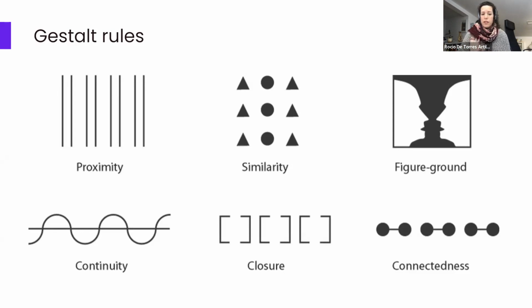Figure ground, the tendency of the visual system to simplify a scene into the main object that we are looking at, the figure and the background. And uniform connectedness, when we connect groups of the same elements, they will seem as different groups. And then I said 7 because all of these create another rule, which is Prägnanz, which is order and symmetry.